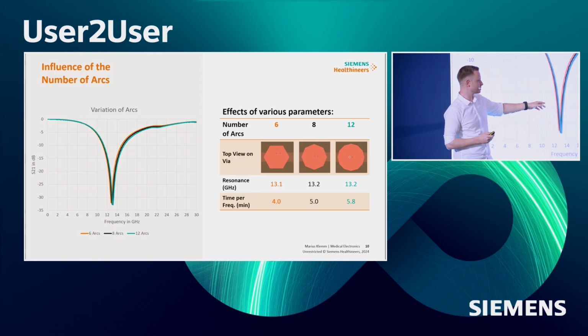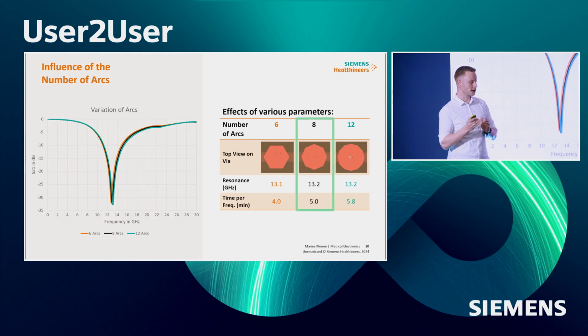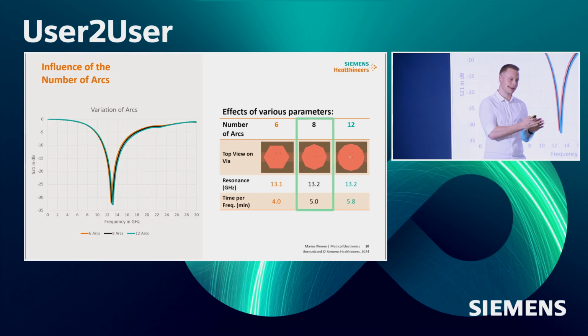The only thing that's really increasing a bit is the time that we need to simulate for each frequency point. In the beginning, it's 4 minutes for the 6 edges, and then we have 5.8 minutes for 12 edges. For me, I thought, okay, depends. 6 would be nice.